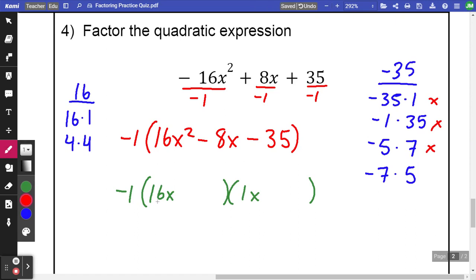Even 16 and 5 also way too big, because my middle term is 1 times that factor on the left, and none of them will add up to the middle number of negative 8x. Alright, so right away I could see that the factors of 16 and 1 are probably not going to be my solution without even checking them. Just looking ahead with the possibilities that they may end up being too big.